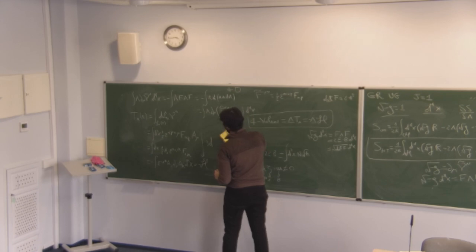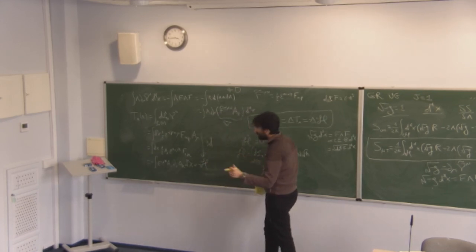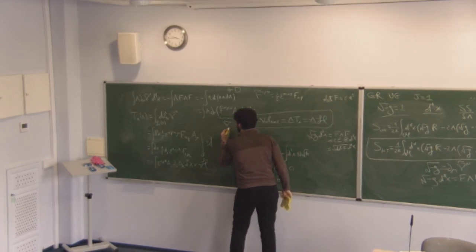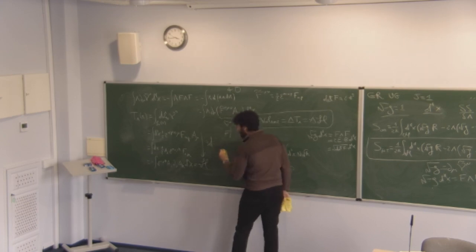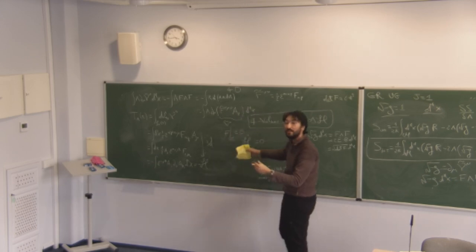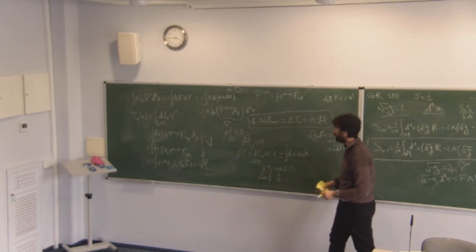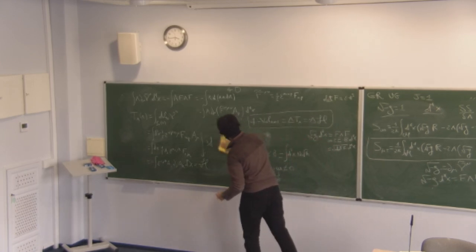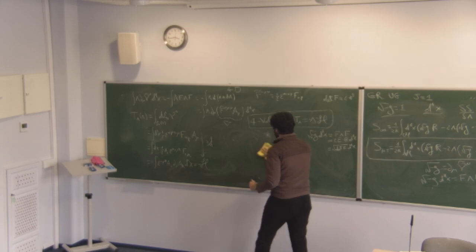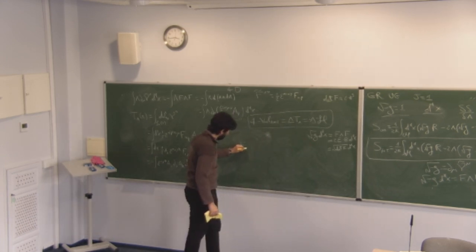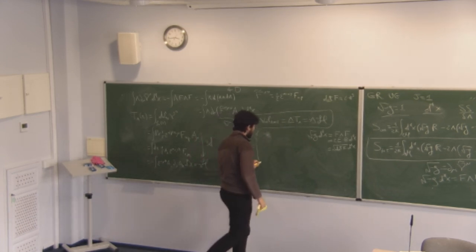I will tell you something else very interesting. F, if you put it down in 3 dimensions, is B, just like the magnetic field tensor. I will give you F mu nu from standard textbooks.